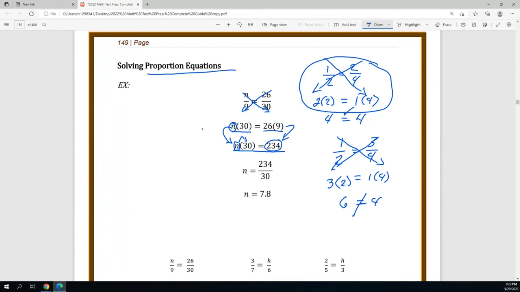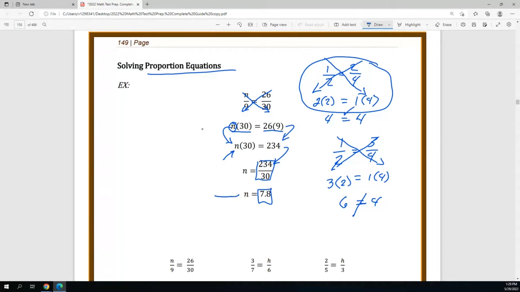Instead of taking N and multiplying by 30, you can figure out what N is if you take 30 and do the opposite. So instead of multiplying, divide. If I take 234 and divide it by 30, whatever comes out is the missing number. And that missing number is 7.8.